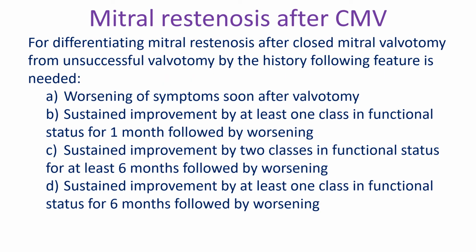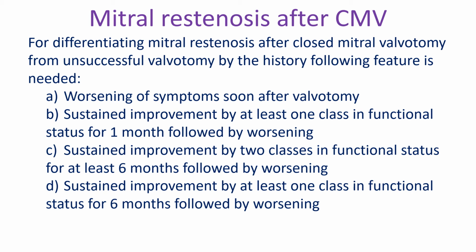For differentiating mitral restenosis after closed mitral valvotomy from unsuccessful valvotomy by the history, the following feature is needed. A. Worsening of symptoms soon after valvotomy. B. Sustained improvement by at least one class in functional status for 1 month followed by worsening.